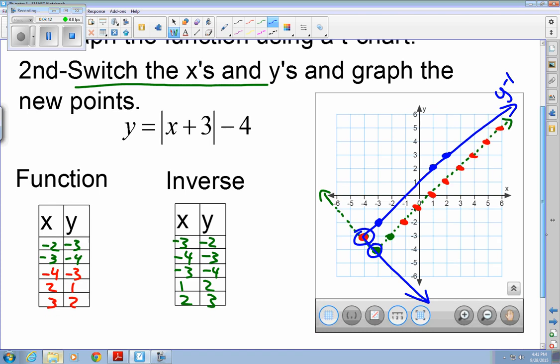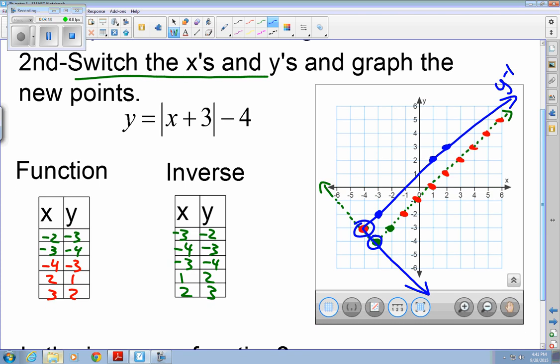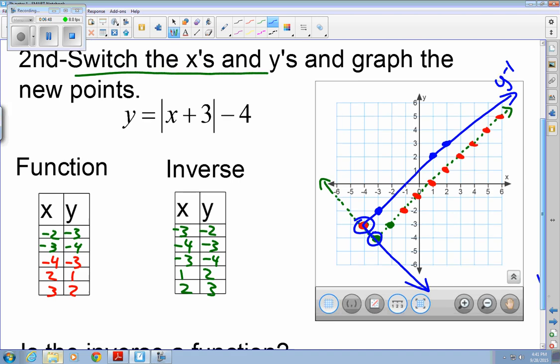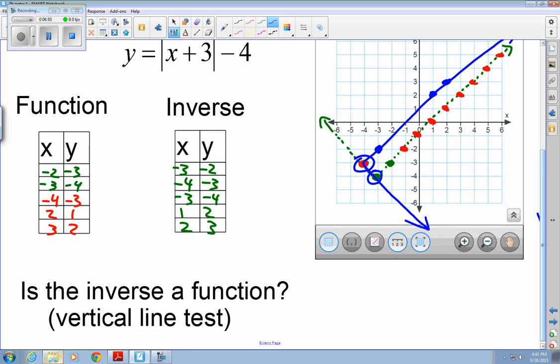And then the question down here: is the inverse a function? This is where you use a vertical line test. So we're looking at the blue. If you remember from Algebra 1, with a vertical line test, as you slide your vertical line across, if at any point it touches your graph twice, it's not a function.